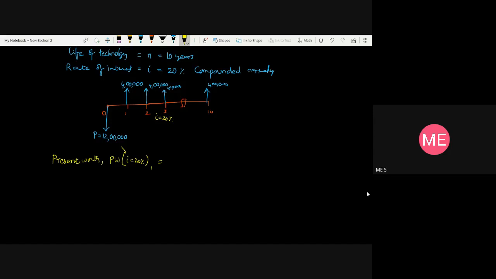As it is a revenue dominated cash flow diagram, the expenditure will be taken as negative and the revenues as positive. So the initial cash flow of 12 lakhs will be taken as minus 12 lakhs. And then this forms a uniform series of cash flow diagram.